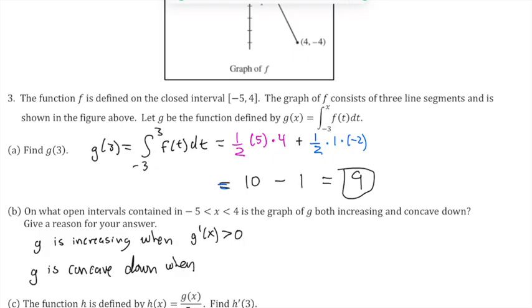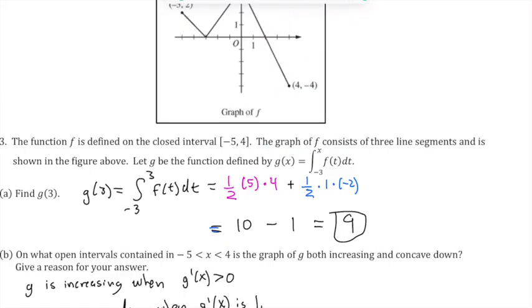And g is concave down when the derivative is increasing. Oh, I'm sorry, I misspoke. It's decreasing, not increasing. So g is concave down when the derivative is decreasing. So we need to find out where the derivative is both positive and decreasing.